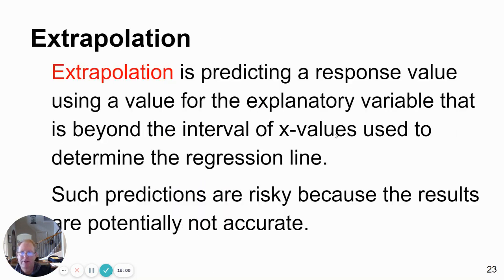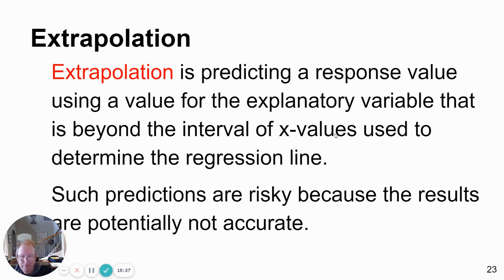Let's talk about extrapolation. This is not something I want you to do. I want you to be cautious of extrapolation. Extrapolation is predicting a response value using a value for the explanatory variable that is beyond the interval of the x values used to determine the regression line. Such prediction is risky because the results are potentially not accurate. So what am I talking about here?